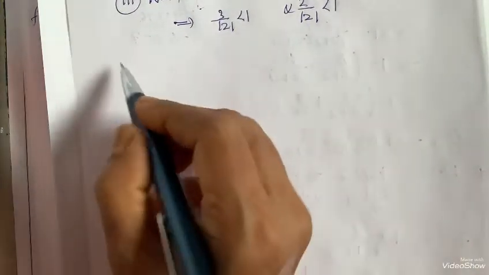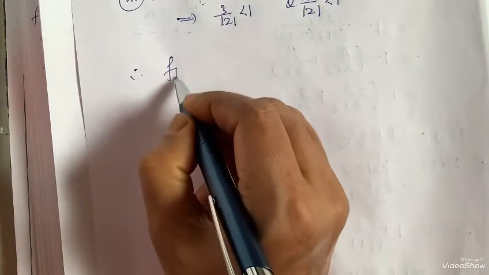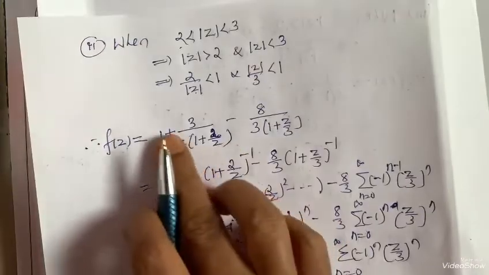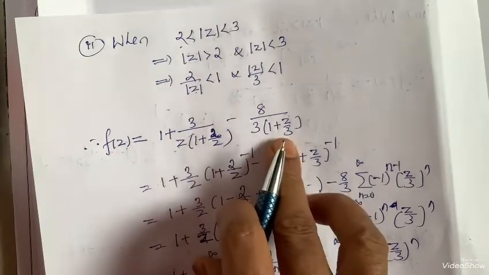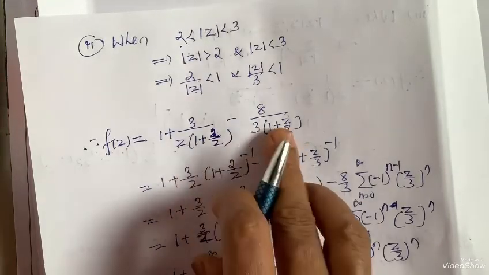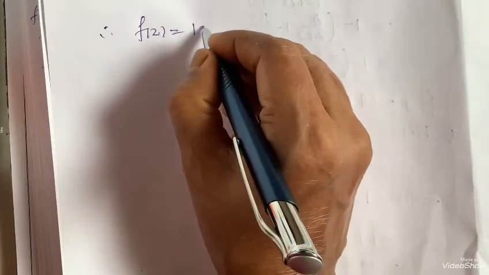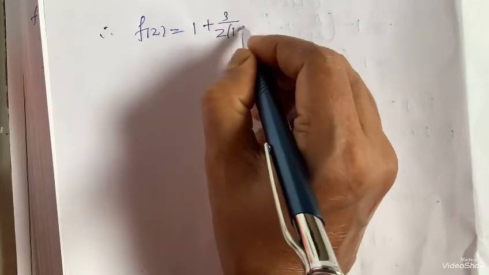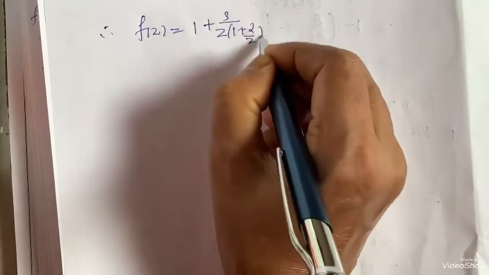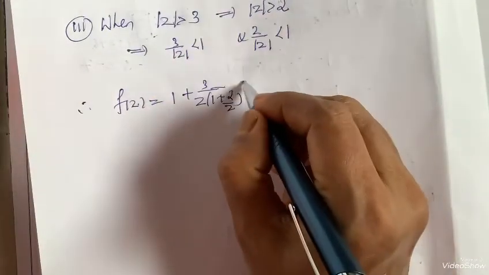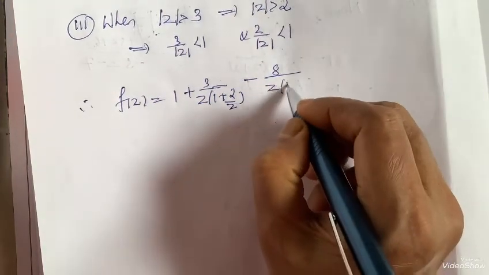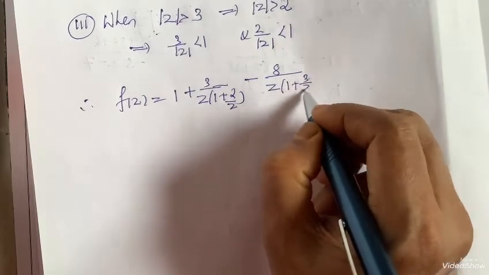Therefore f z is the same. Here also you take z outside. So it is 1 plus 3 by z, 1 plus 2 by z, and minus 8 by z you take outside, remaining is 1 plus 3 by z.